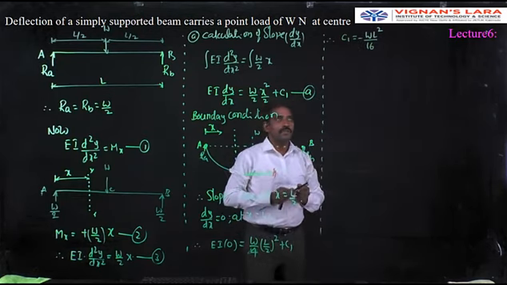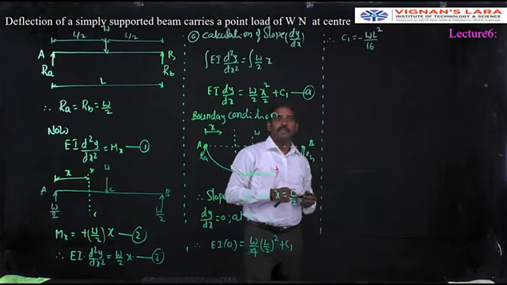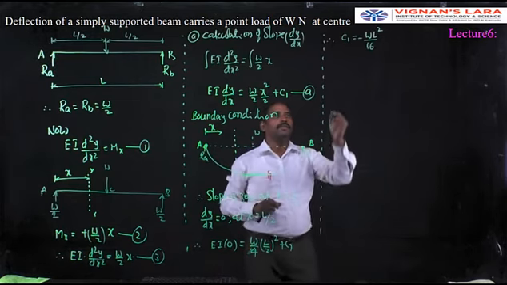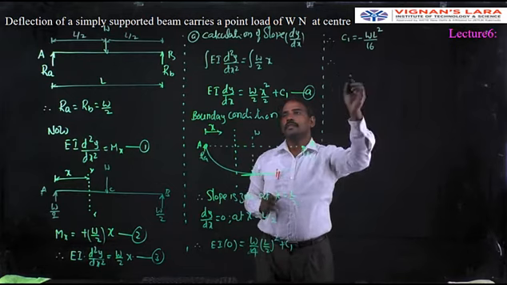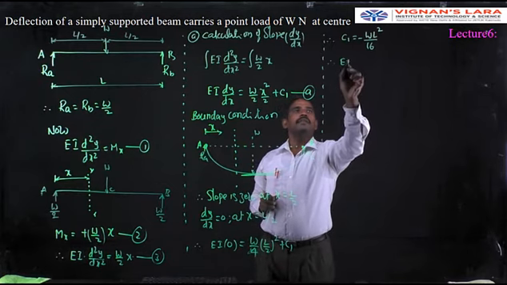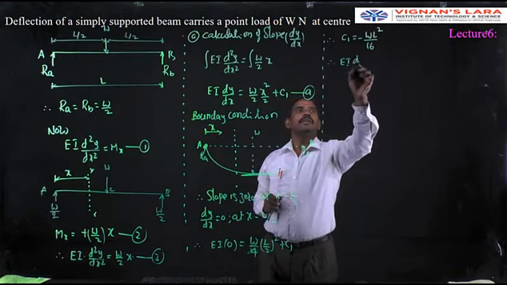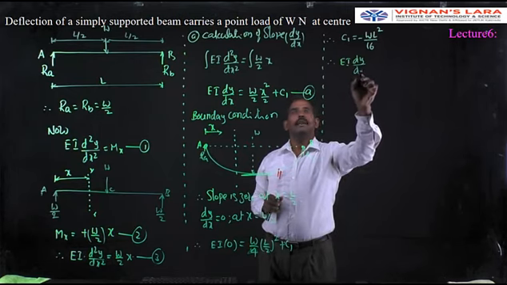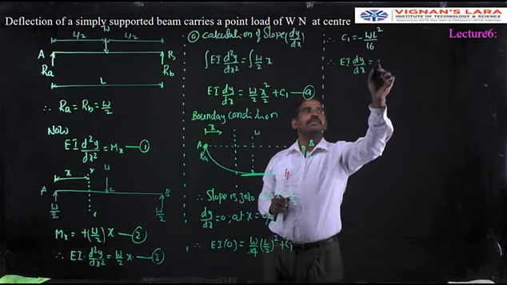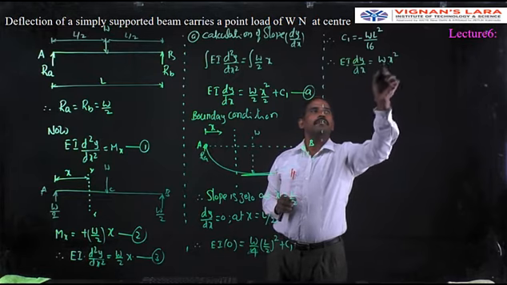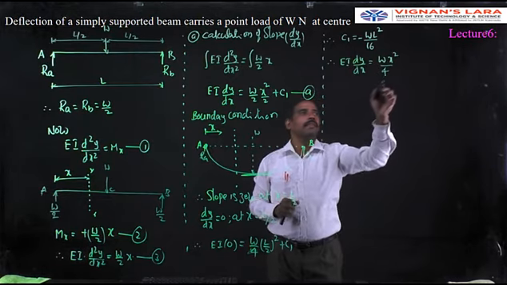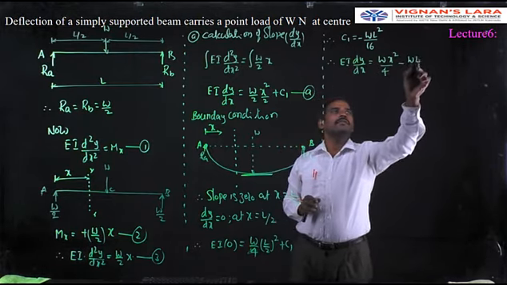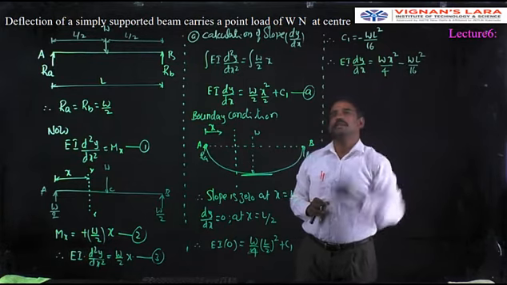Substitute C1 value in equation A. Therefore EI into dy by dx is equal to Wx square by 4 minus WL square by 16.